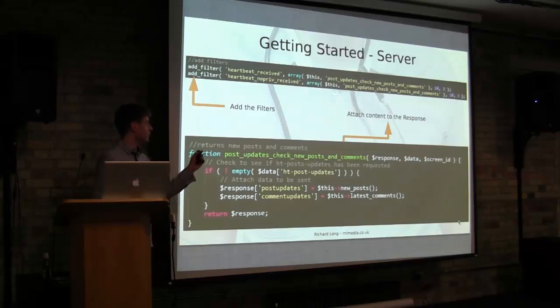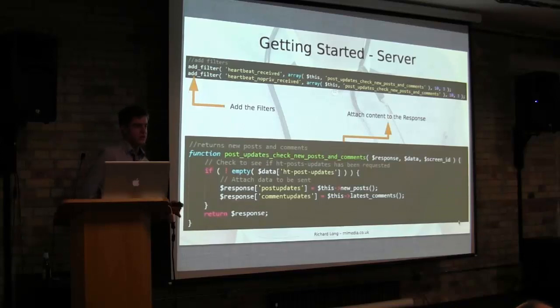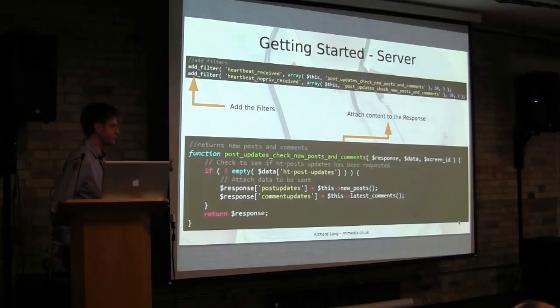So you've got your filters here, which basically hook onto the Heartbeat action. You can see the difference here between the underscore no-priv, which is when the user's not logged in. And some of you that have worked with Ajax functions on WordPress before will appreciate this difference here. But essentially they're just linking up to the same function that you've got here.